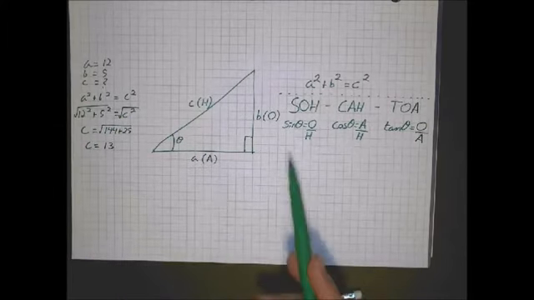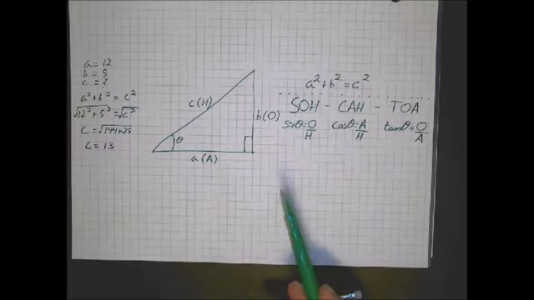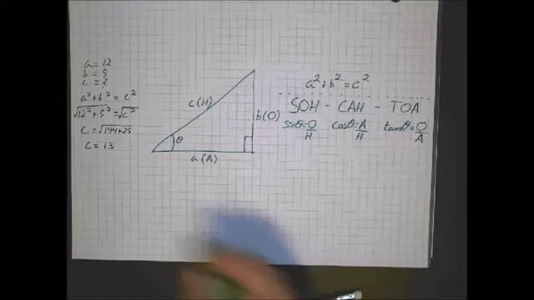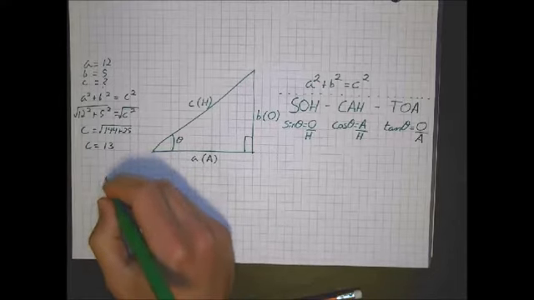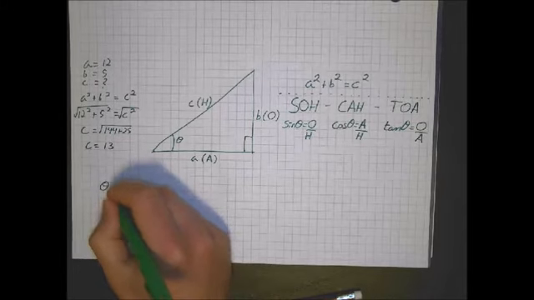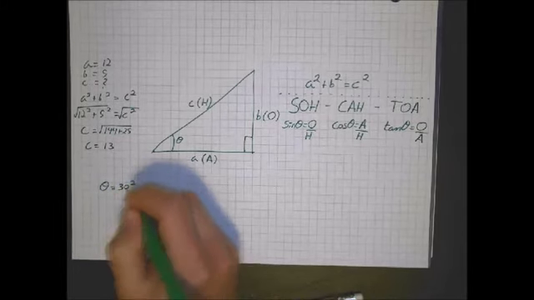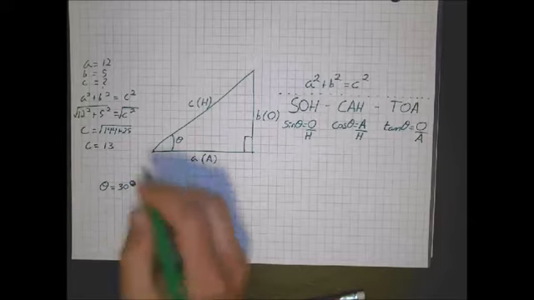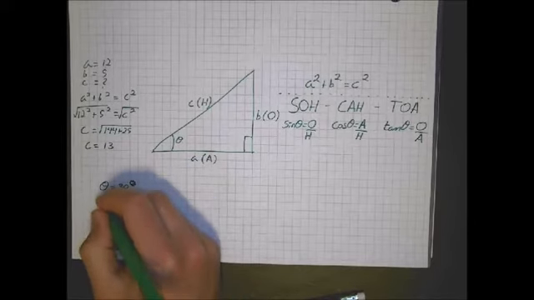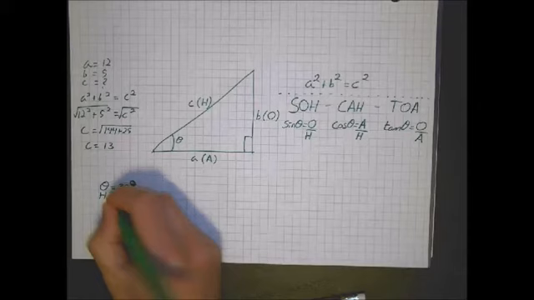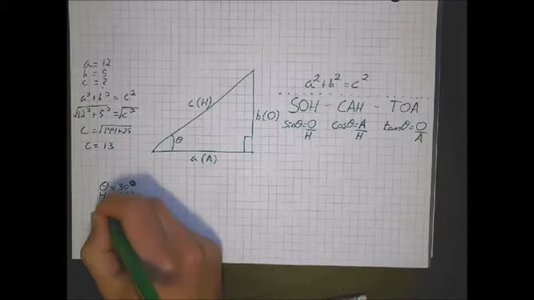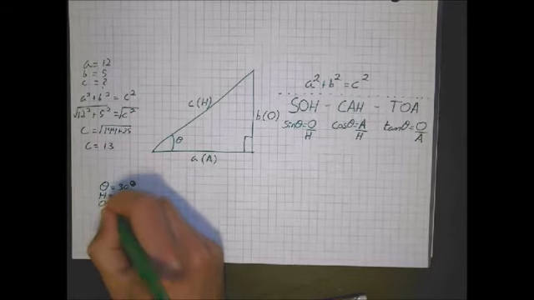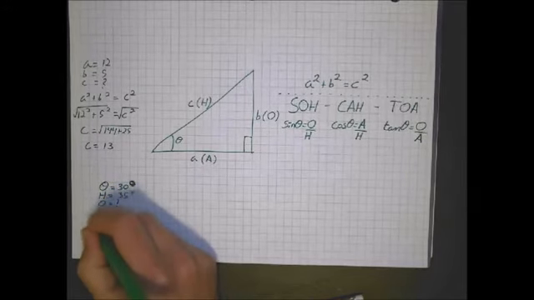Okay? And then a quick example of how to find some sides or find the angle given different pieces of a triangle. For our first example, let's say that we know that our angle is 30 degrees, not 30 squared, 30 degrees. We know that our hypotenuse is equal to 35 inches. What's our opposite side?